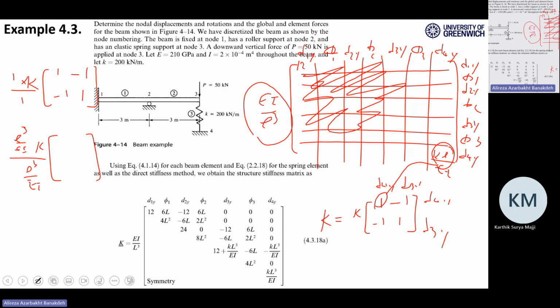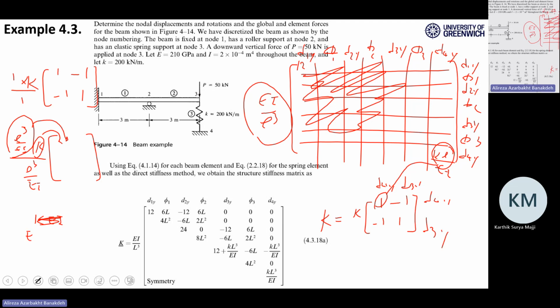So they will go away and still we have 1 over 1. I bring this L cubed over EI into the matrix and keep the other one outside. I will bring K inside as well.